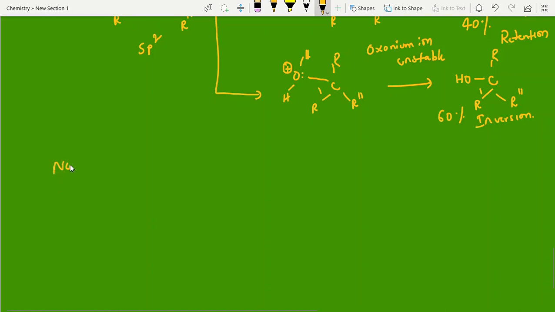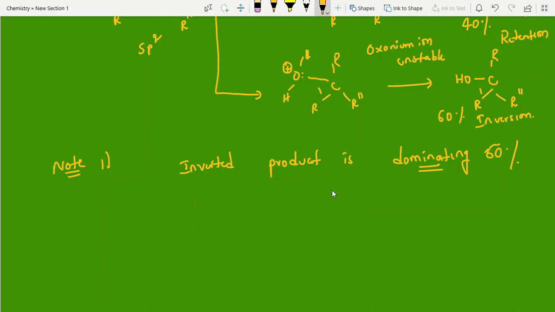Note point 1: inverted product is dominating. So that is 60%.